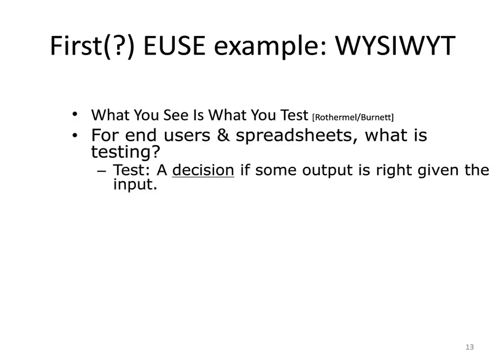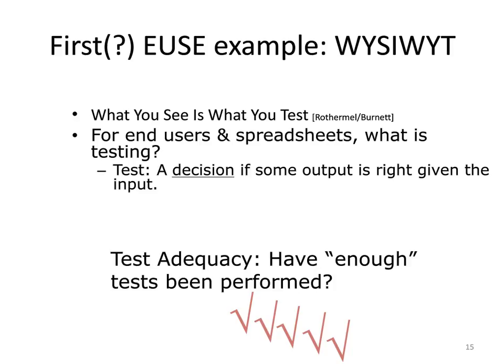And so the way that we did that in our WYSIWYT system was we said, okay, they've got to check it off. And if they check it off, we know they've made that decision. Then that leads to the question of, well, what's enough testing? So of course, most of you probably know you really can't prove correctness of programs through testing. So there has to be some kind of notion of when somebody has tested enough.